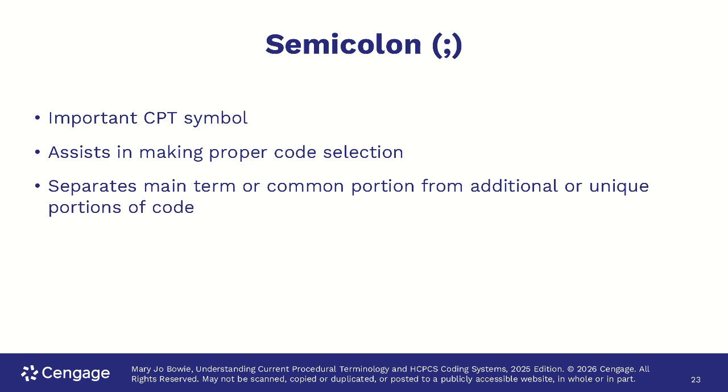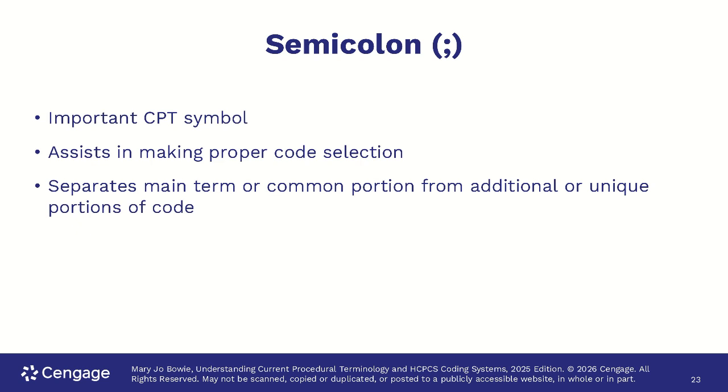All right, so there are multiple symbols in the CPT manual, but one worth noting is the semicolon, because it tends to be the symbol that is confusing. So, number one, there are essentially two types of codes that you're going to see in the CPT manual from a format perspective.